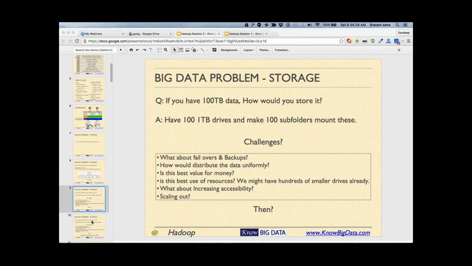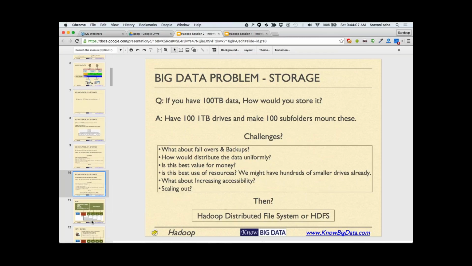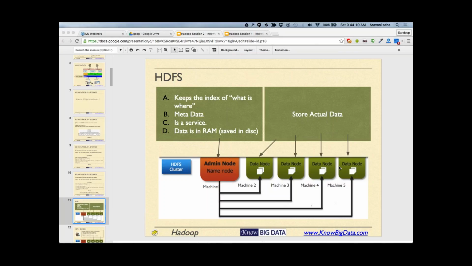Now that's where you go with HDFS. In HDFS, you have two kinds of systems. One is called the name node. The rest are called data nodes. The name node stores the information about where each file is.